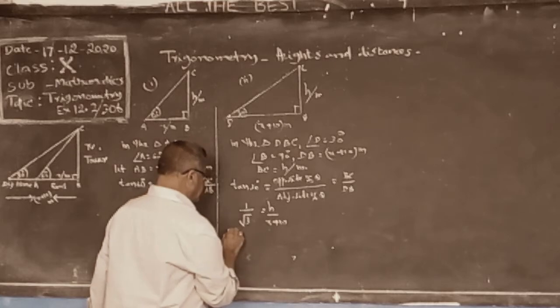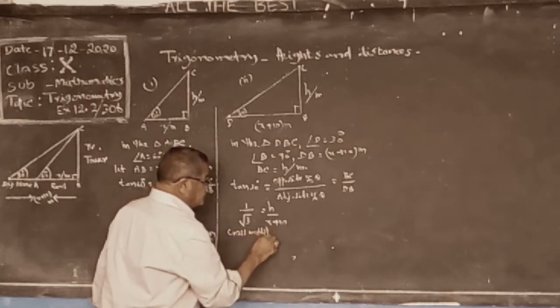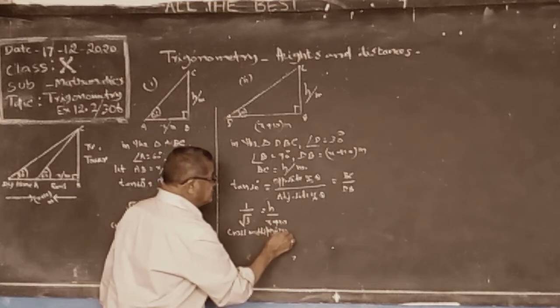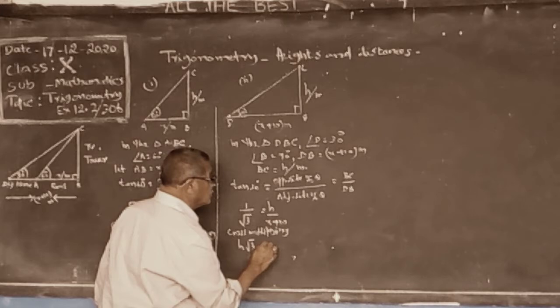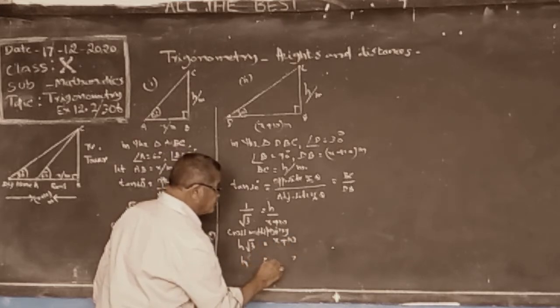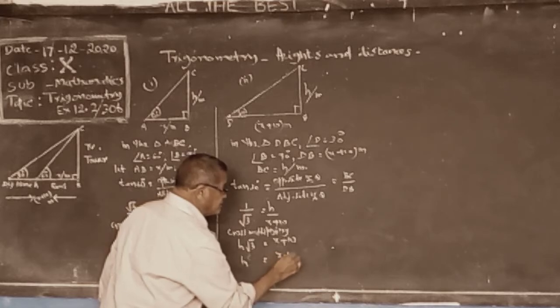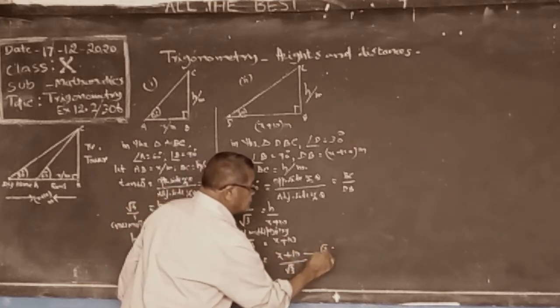Cross multiplying, h root 3 is equal to x plus 10, so h is equal to x plus 10 by root 3. Say this is number 2.